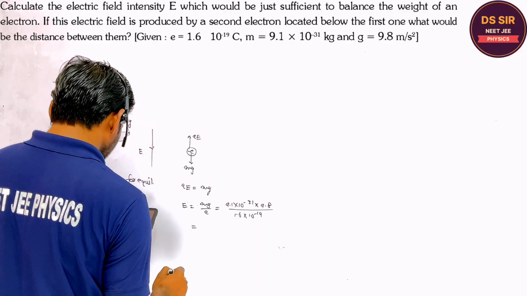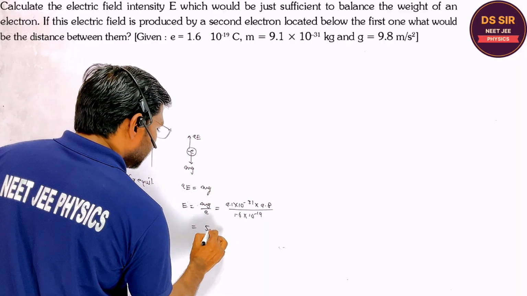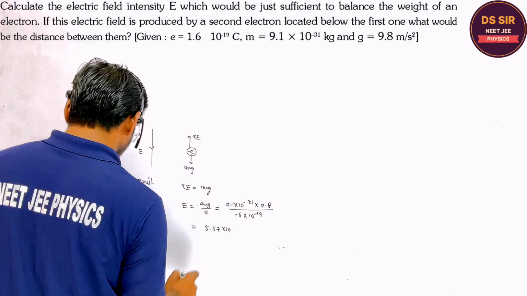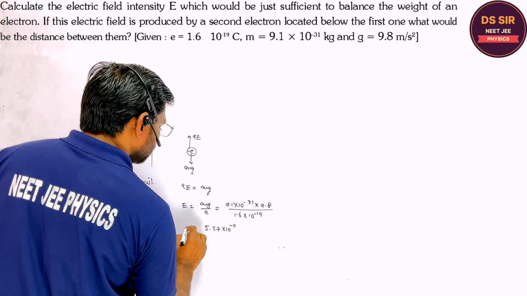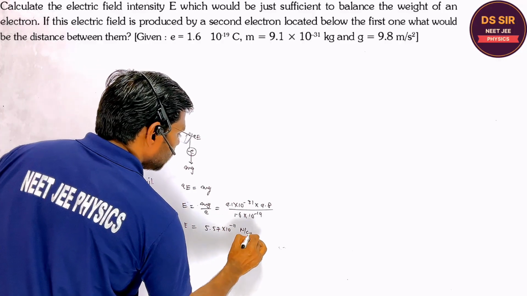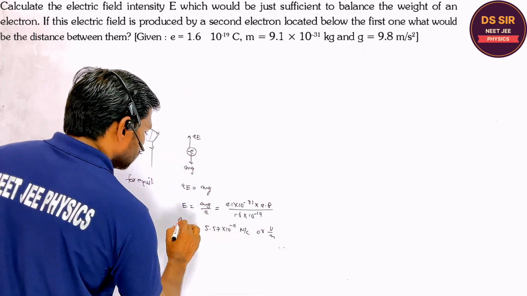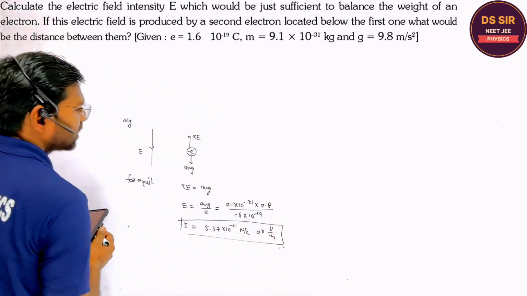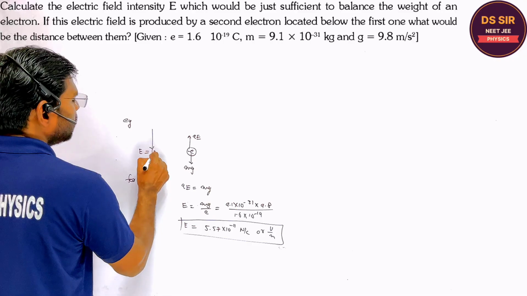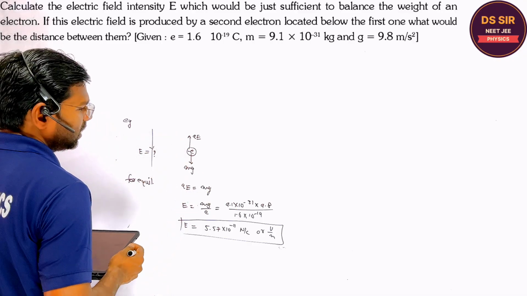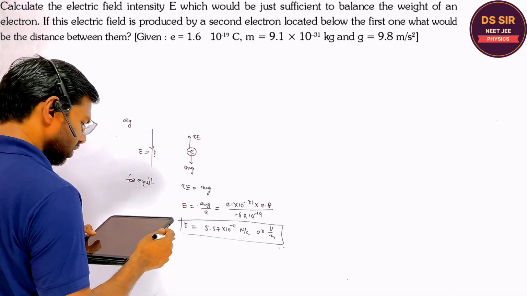So when you solve this, E is 5.57 into 10 to the power minus 11 newton per coulomb or volt per meter. This is the electric field required to balance the weight of the electron. Is it clear or not?